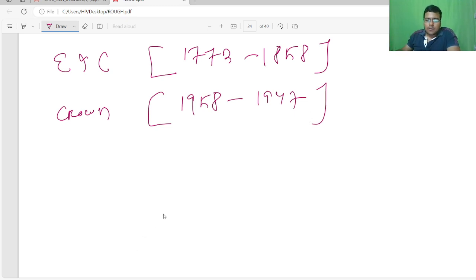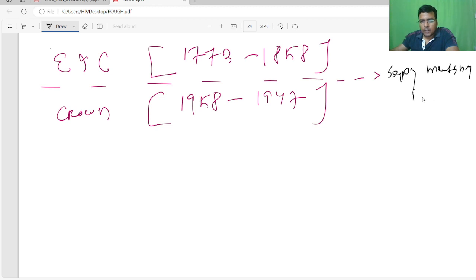And why? This is the Sepoy Mutiny of 1857. Remember, the drastic change we see is the transition from East India Company rule to Crown rule, which happened due to the Sepoy Mutiny in 1857.